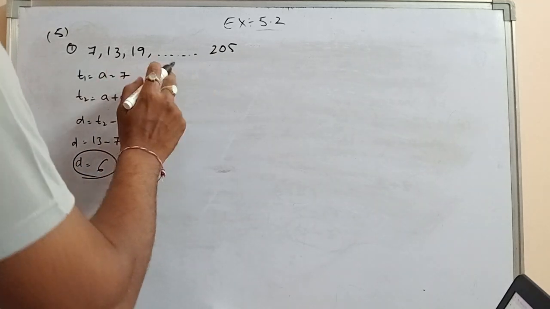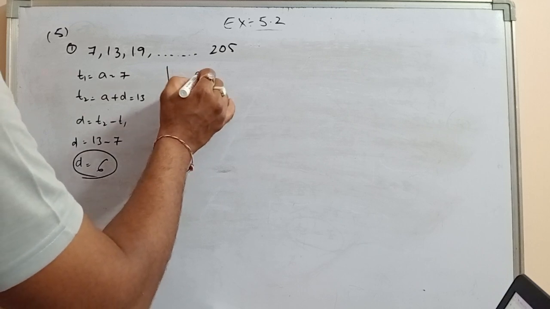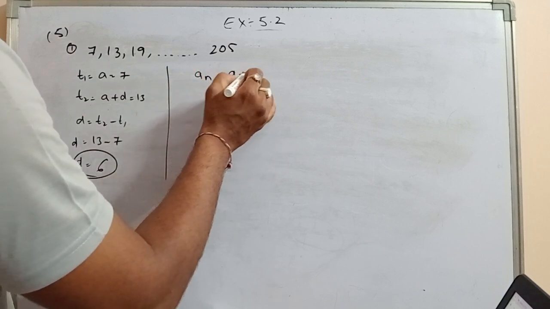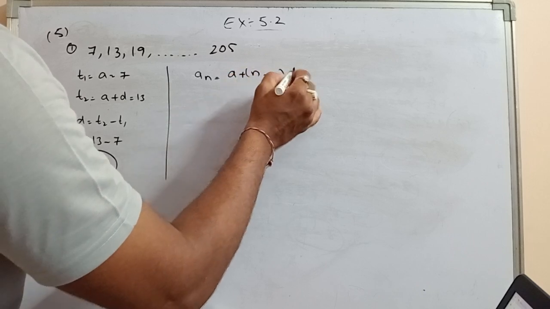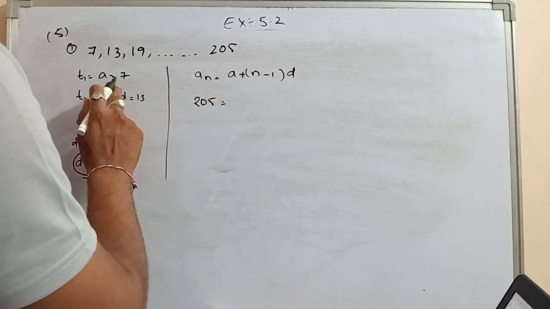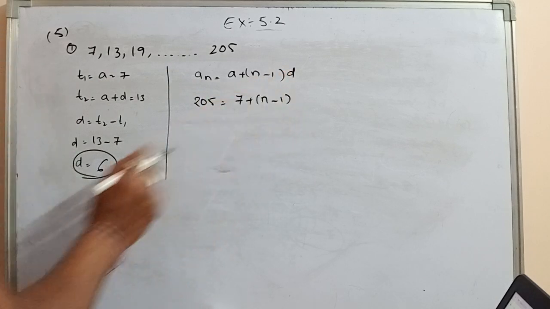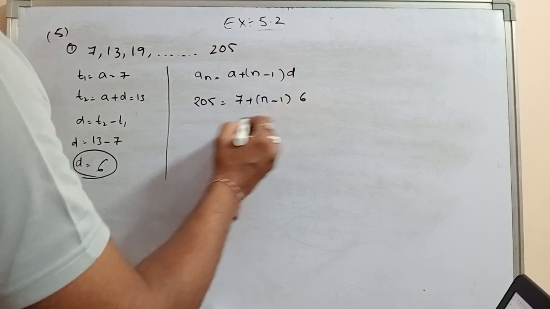By using the formula an is equal to a plus n minus 1 into d, an is 205 is equal to the value of a, 7, plus n minus 1 into the value of d, 6.